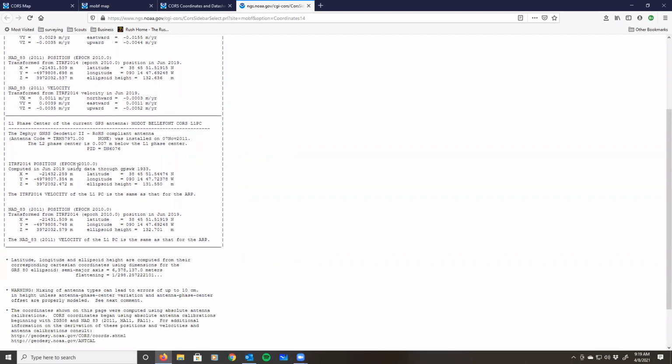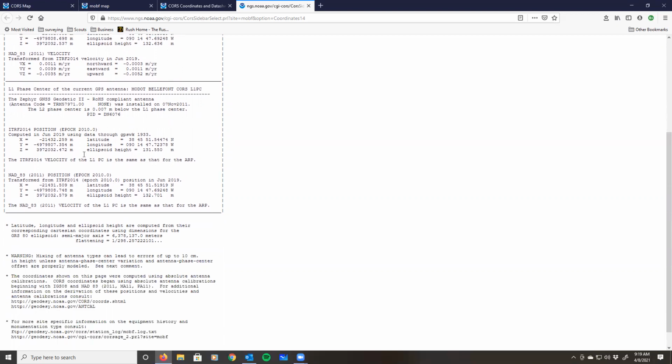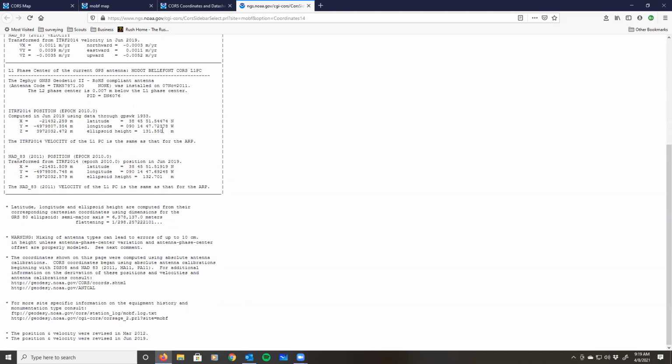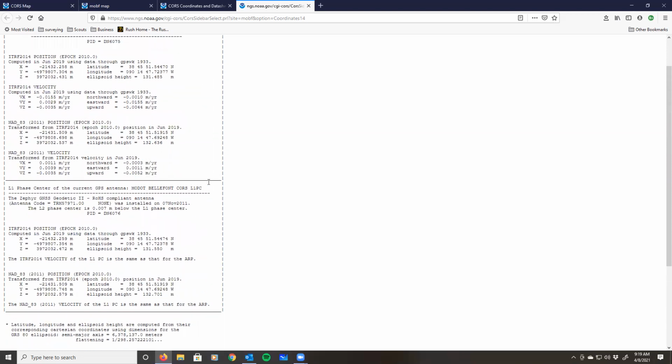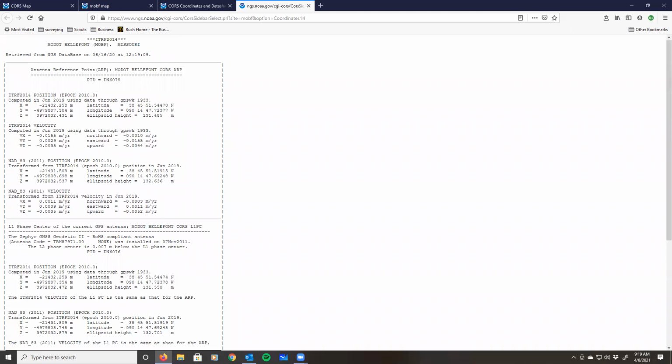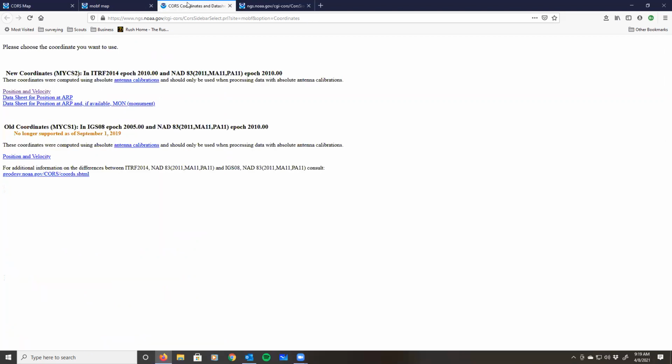There's the type of antenna, and some other ellipsoid information, things like that. But basically, it's the information on the station.